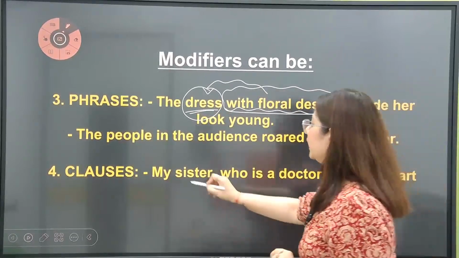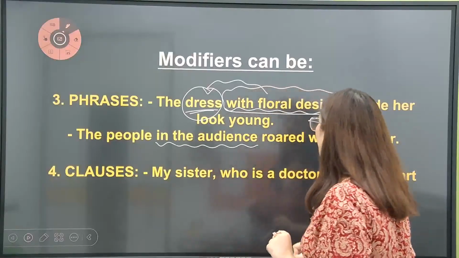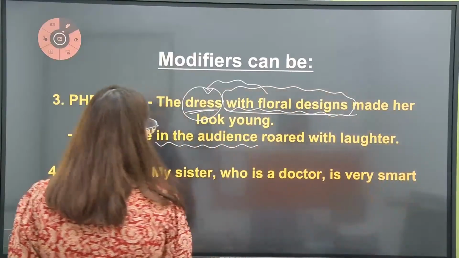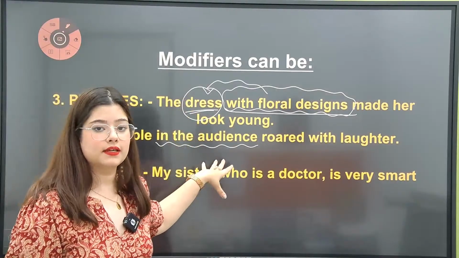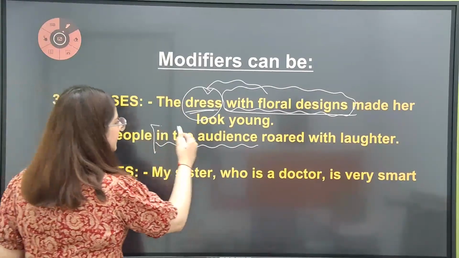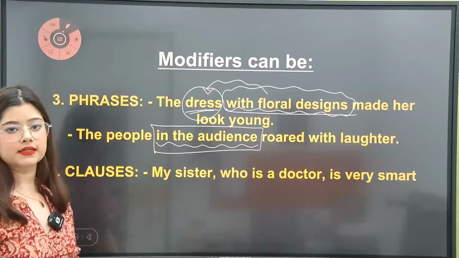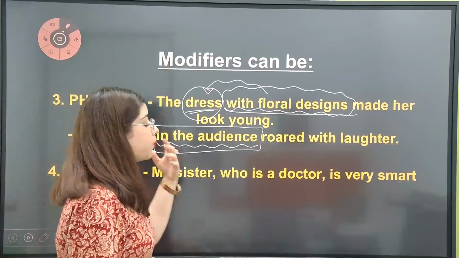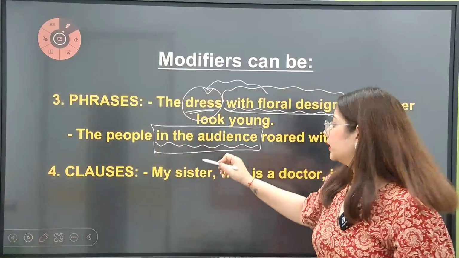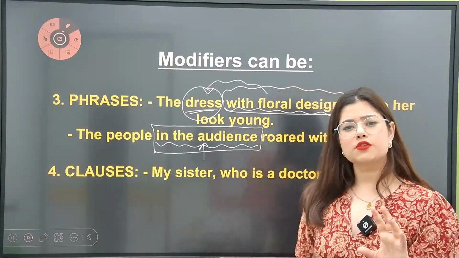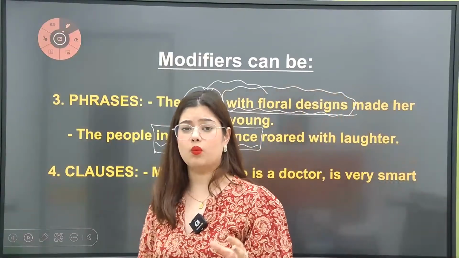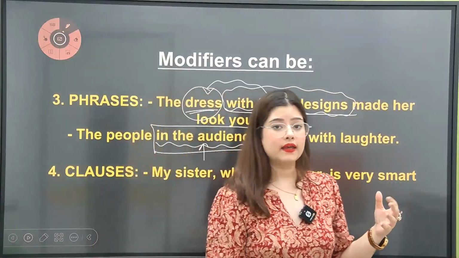The people in the audience roared with laughter. This is a prepositional phrase, right? Where were the people? The people were in the audience. Modifiers will help us answer questions like what, where, why, when, right?